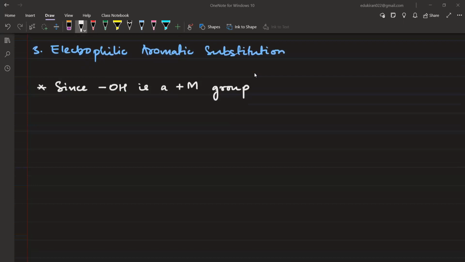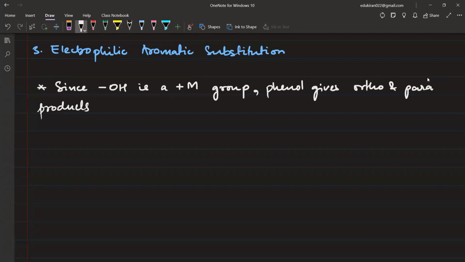Since OH is a plus M group, phenol gives ortho and para products on electrophilic aromatic substitution.